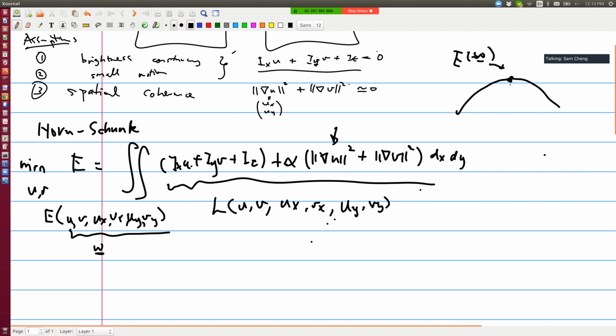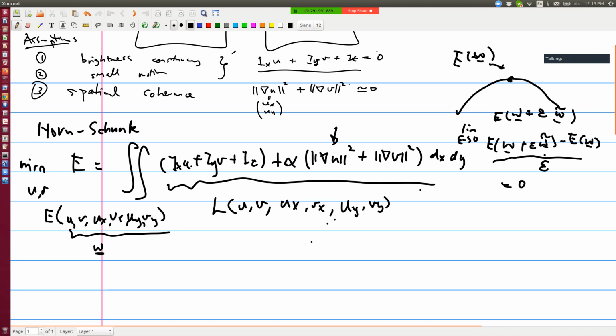If I change this a little bit, let's say I consider E of w plus some very tiny epsilon times some w tilde, and this w tilde can be anything. I don't care what it is. But the change, E of w plus epsilon w tilde minus E of w, over epsilon, is the definition of a derivative, right? As epsilon gets very small, this goes to zero.